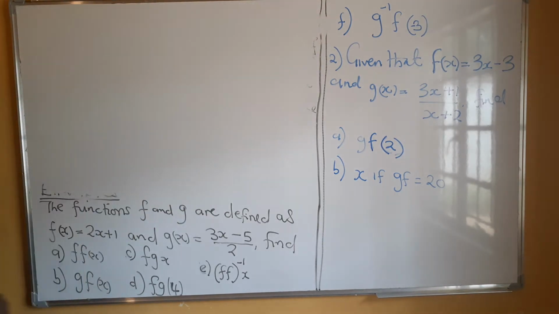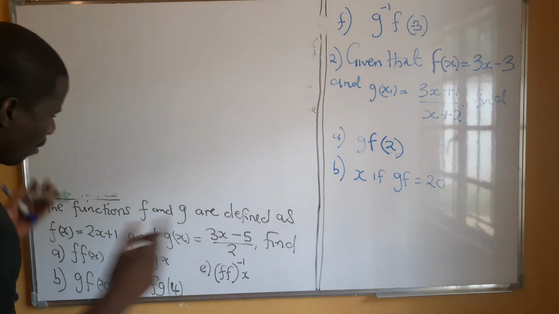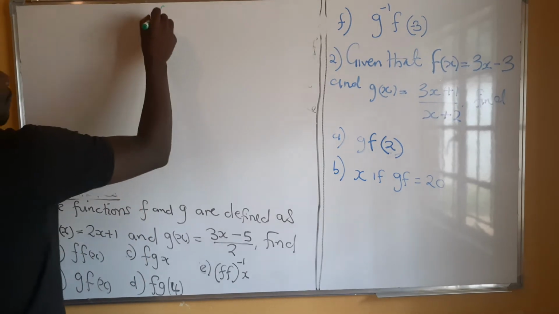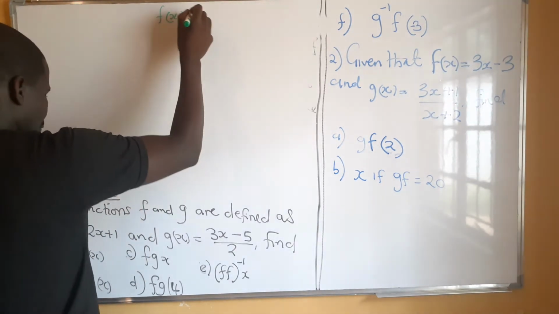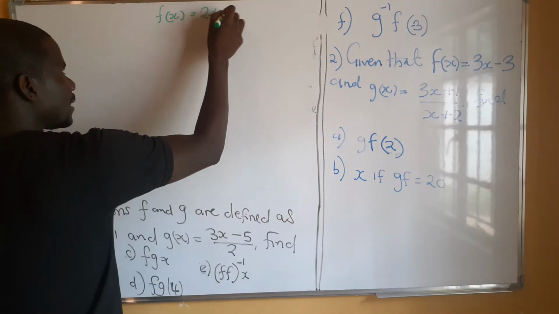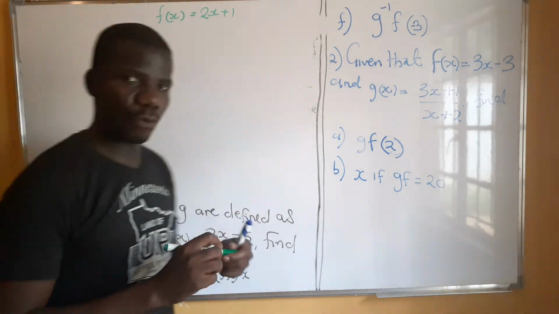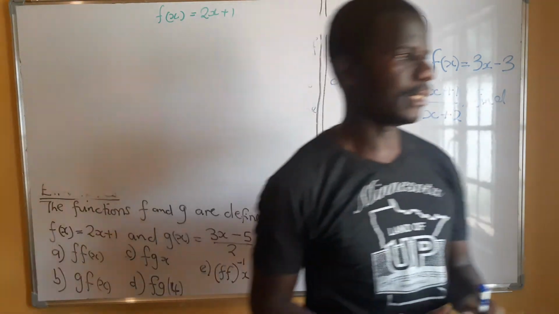A composite function is the combination of two or more functions. So in this case, let's look at the first question. f(x) = 2x + 1. That's the function that we are dealing with.